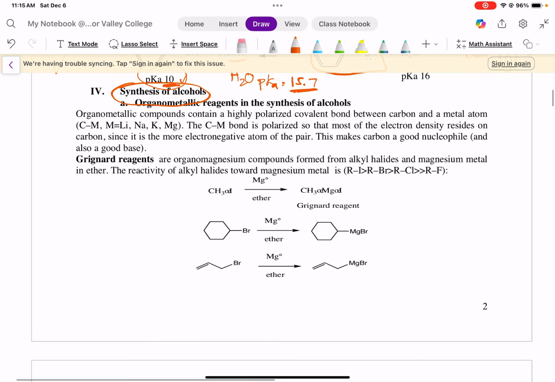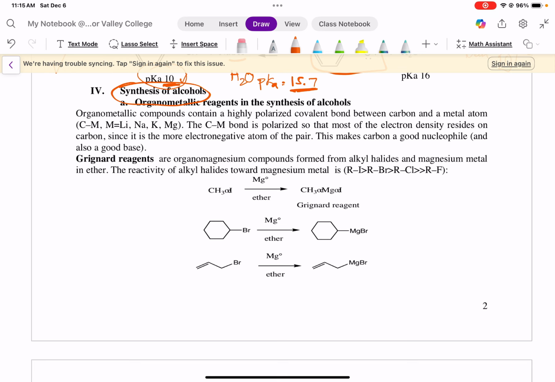All right. Now this is the Grignard reagents. When you take a CH3I or any R-X, where X is iodide or Br, those are the most popular ones.